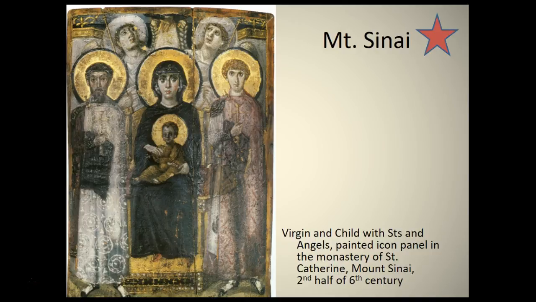The Virgin and Child with saints and angels icon would have been used by Christian worshippers in the Byzantine world as an aid for meditation and prayer. Many believed that such icons served as intermediaries between worshippers and the holy personages depicted on the painted wood surface.